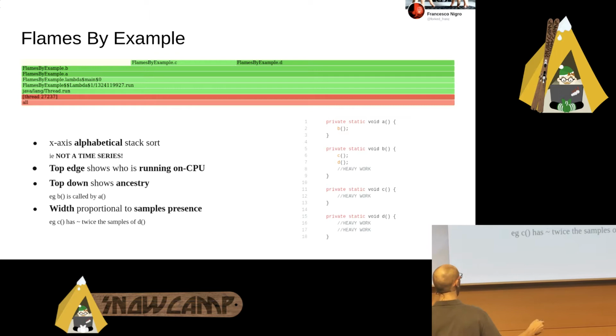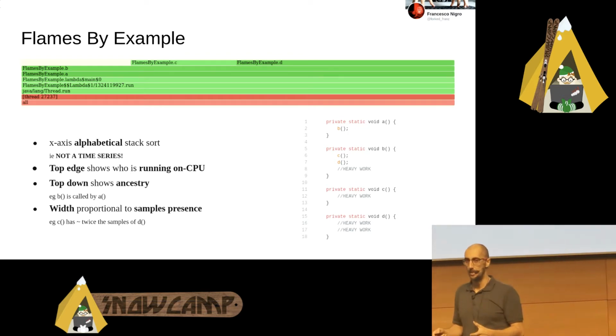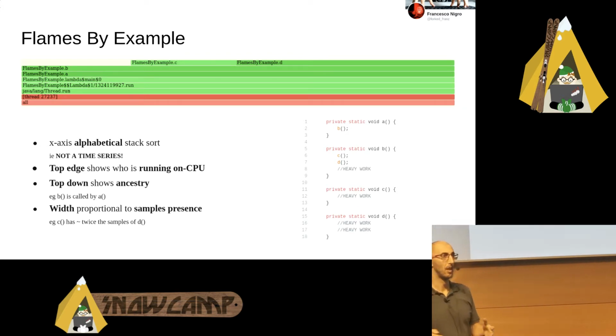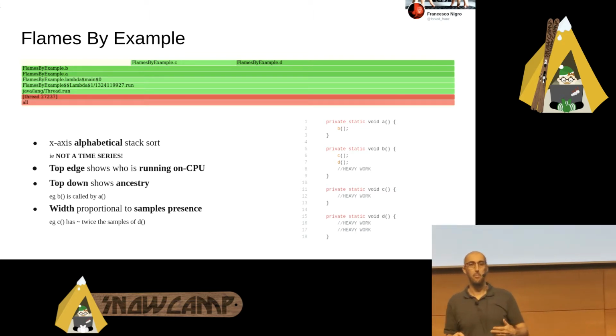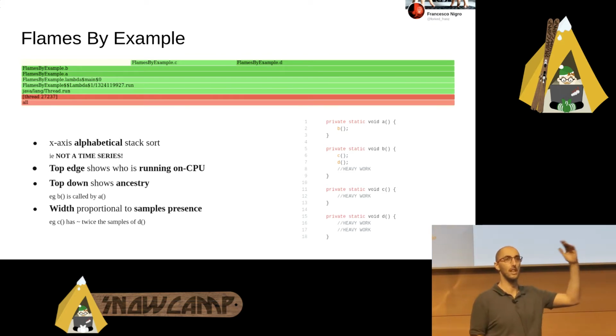Okay, this one is a flame graph of it. What does it mean? First, we are talking about samples, but samples of what? Of a call stack, with the same meaning as the one that you can collect by printing the call stack after an exception or just walking the call stack of your application.